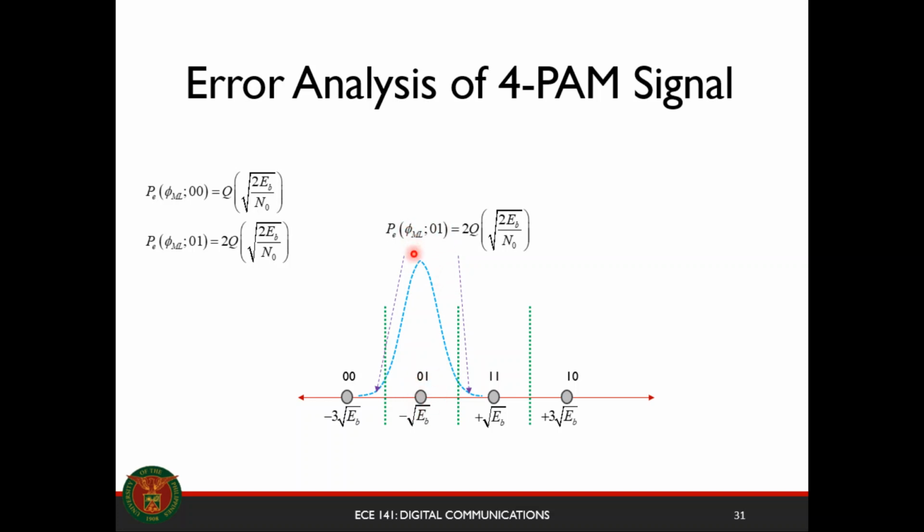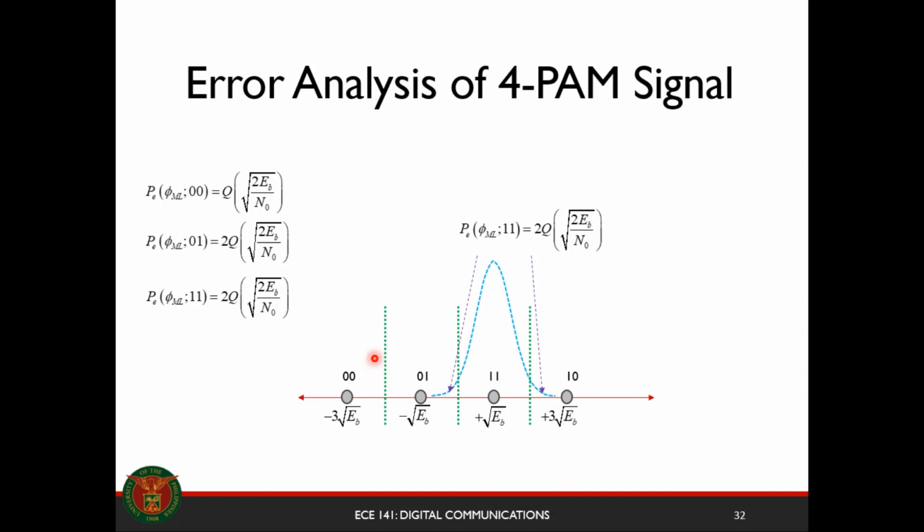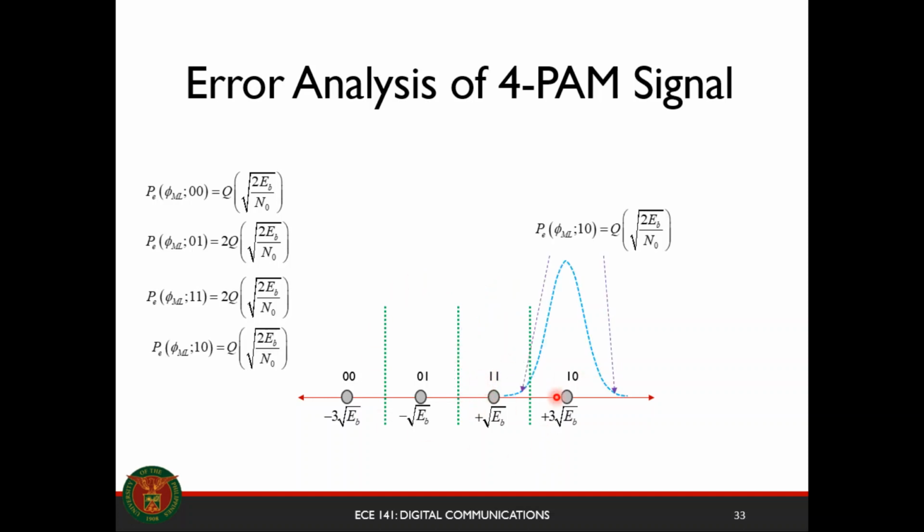So in this case, you're using maximum likelihood. Same is true with transmitting 1, 1. And when you transmit 1, 0, it does not have an adjacent symbol on its right side, only the left side, so you revert back to this expression.